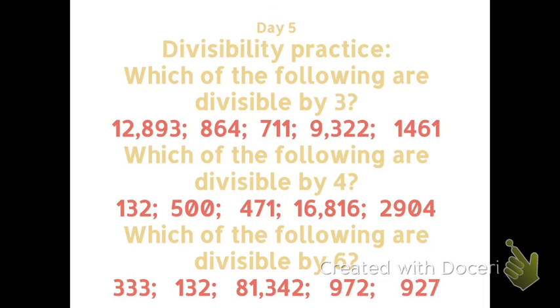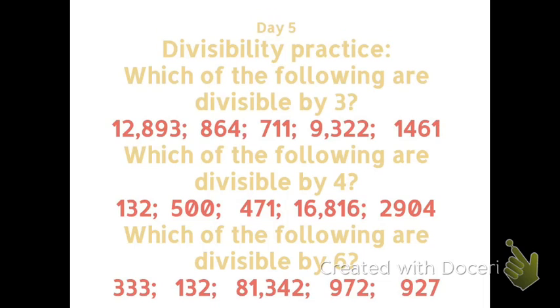So who remembers what the rule for deciding if a number is divisible by 3 is? What's the rule? Yeah, so if you add up all the digits, and that number can be divided by 3 evenly, then the whole number can be.